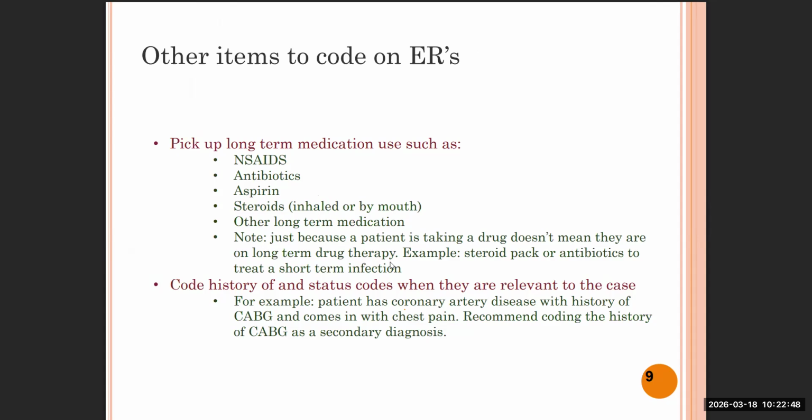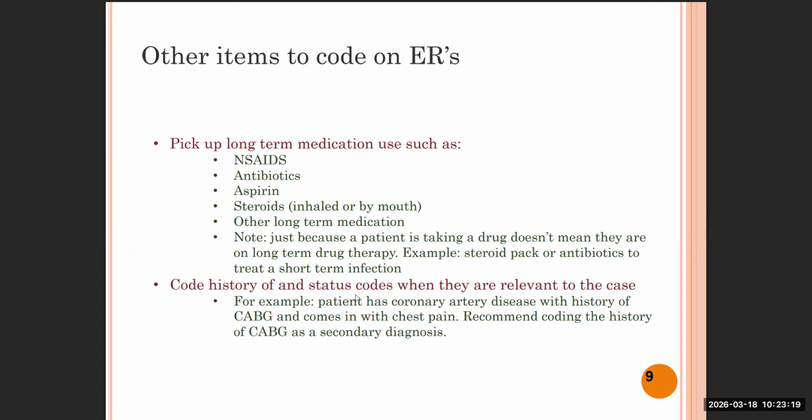It means that the patient is taking medicine, it is not decided that it is a kind of long-term. You need to see whether this medicine is used for the chronic condition. For example, diabetic insulin, things like that, or sometimes they mention a long-term use medication list, so you can see that. Example, a steroid pack, or an antibiotic to treat a short-term infection. So that is an example of short-term medication.